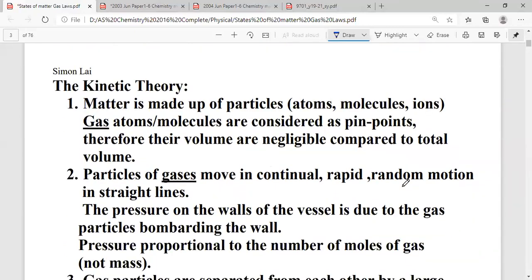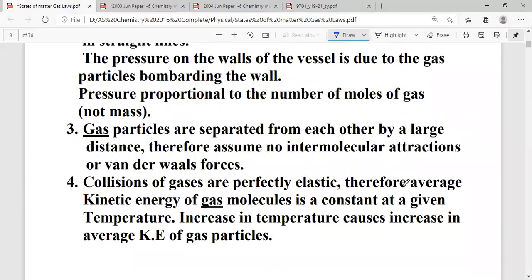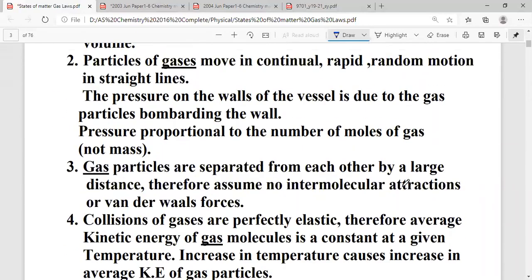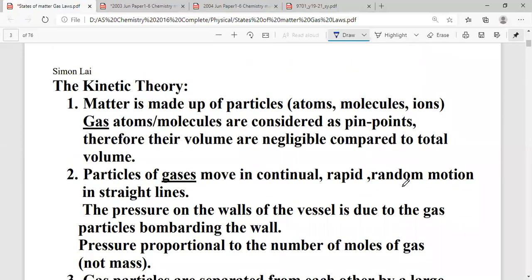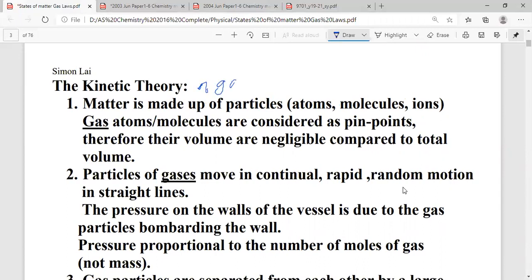Right, now there are a few assumptions here. I got 4, some people put 5, don't care. The kinetic theory of gases, remember this is of gases. So the first thing is matter is made of particles. The particles are the smallest size of anything. If it's an element, it's called atoms. If it's compounds, some molecules.